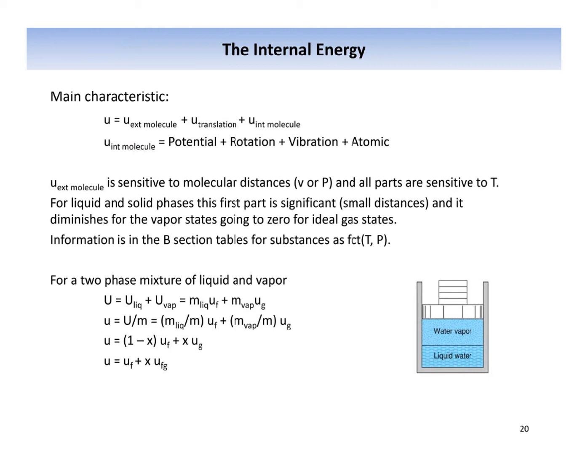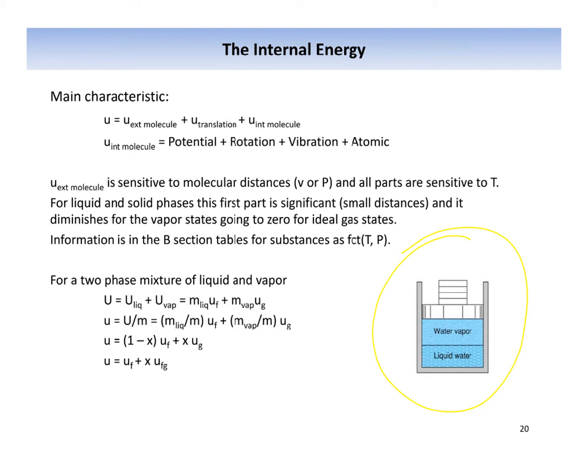Now we can see that we have a constant piston cylinder assembly on this slide, and it represents a certain amount of mass in the form of liquid and in the form of vapors as well.